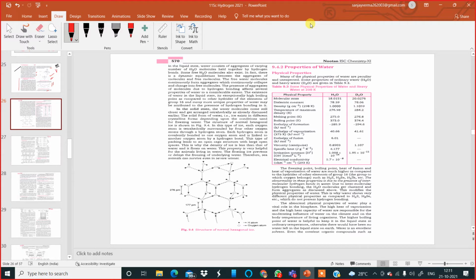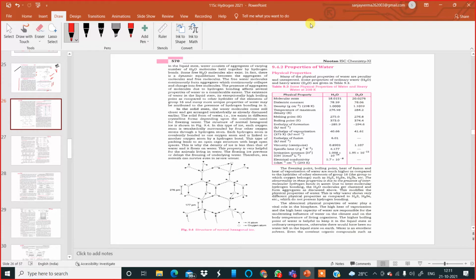Water consists of aggregates of varying numbers of water molecules held together by hydrogen bonds. Some free water molecules also exist. In fact, there is a dynamic equilibrium between the aggregates of water molecules and free molecules. The free water molecules continuously form aggregates which continuously collapse and change into free molecules. The presence of aggregates of molecules due to hydrogen bonding affects several properties of water to a considerable extent.